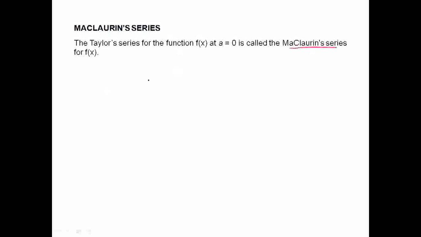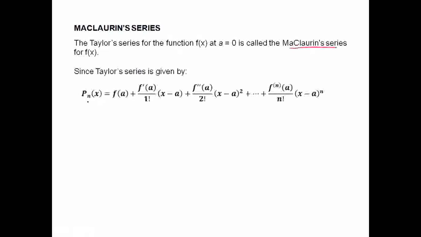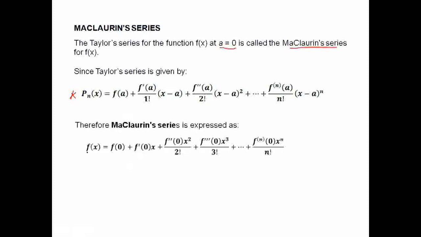Okay, so Taylor's series is given by the expression shown. So here we are saying when the value of a is equal to 0, it's no longer Taylor's series, but now Maclaurin's series. So in this Taylor's series, if we replace a by 0, we're going to have Maclaurin's expression, which looks like this.